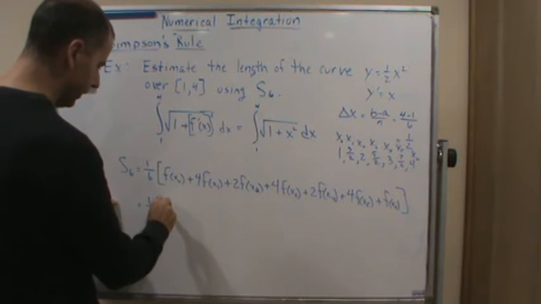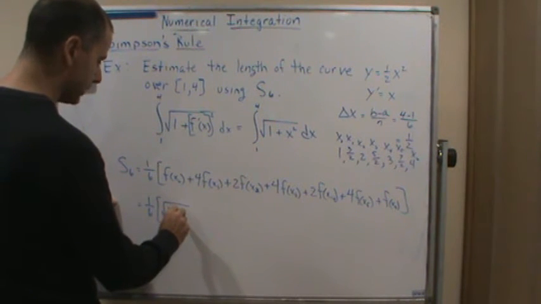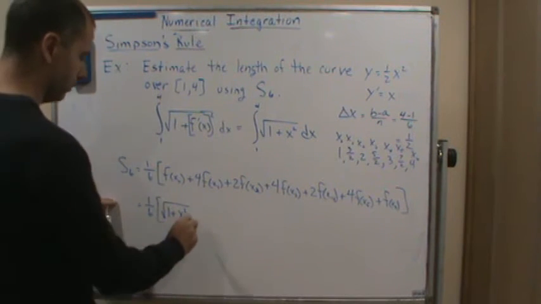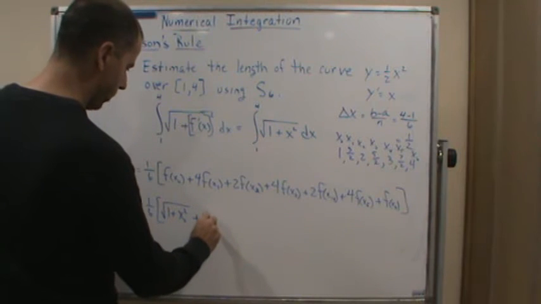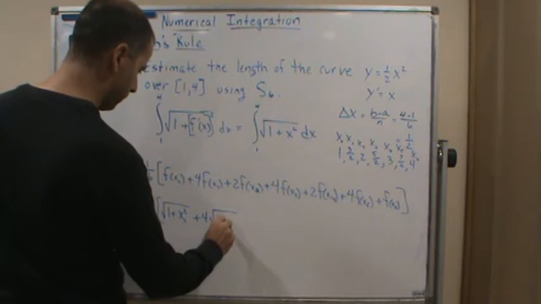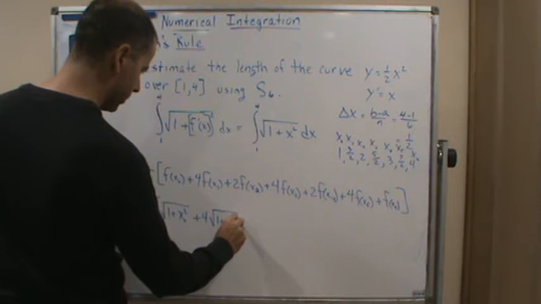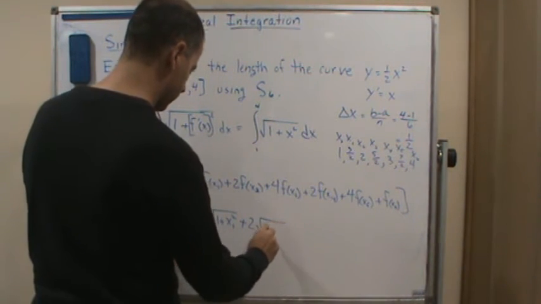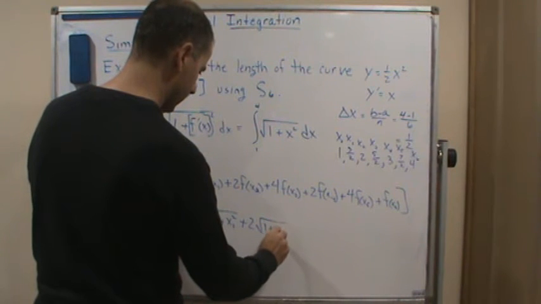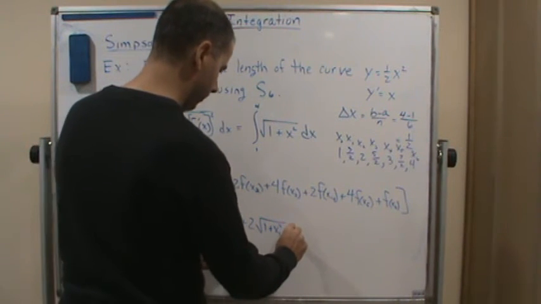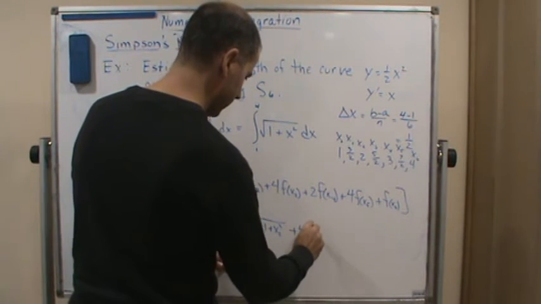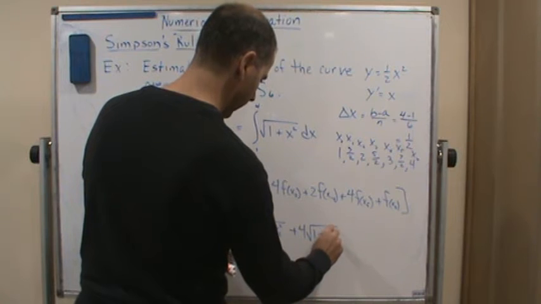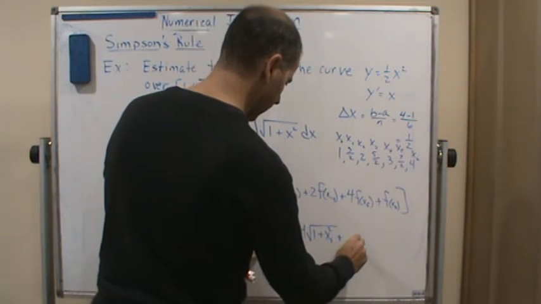This is going to be the square root of 1 plus x0 squared, plus 4 times the square root of 1 plus x1 squared, plus 2 times the square root of 1 plus x2 squared, plus 4 times the square root of 1 plus x3 squared, and so on.